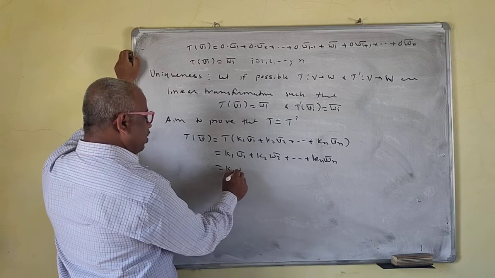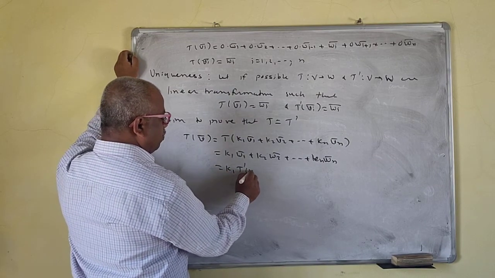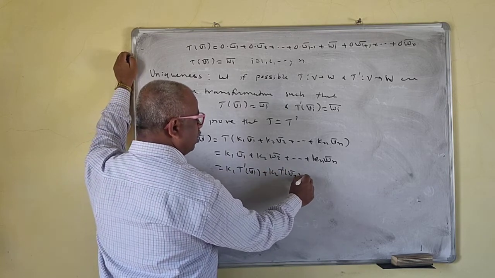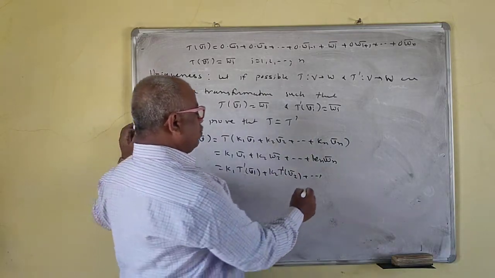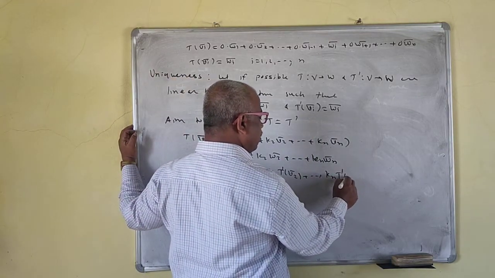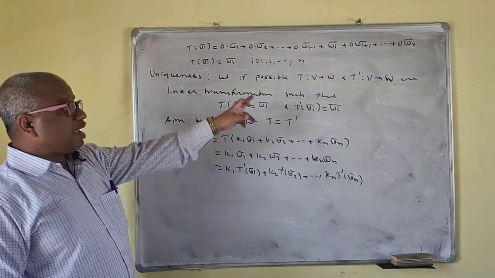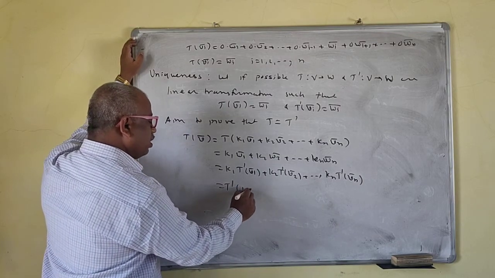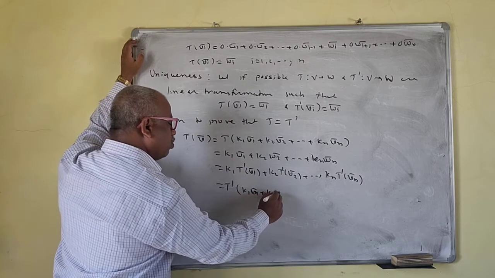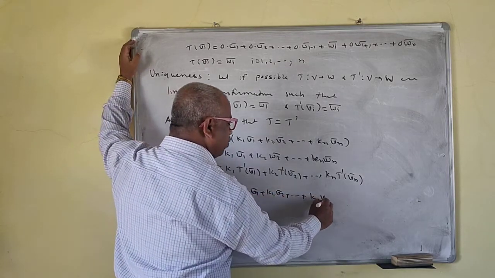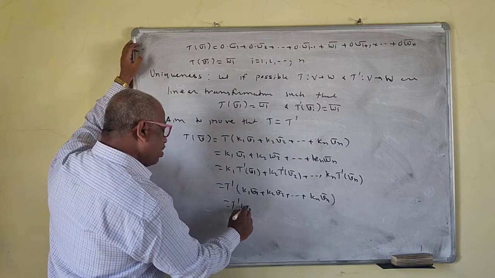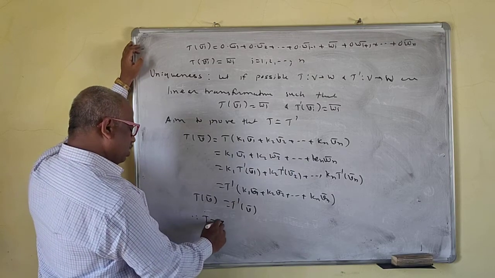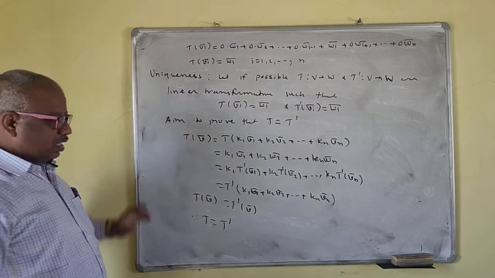Okay, so this is same as k1 T prime v1 bar plus k2 T prime v2 bar plus, because we'll apply this, kn T prime vn bar. Again, T prime is a linear transformation. You can take T prime common and we'll write k1 v1 bar plus k2 v2 bar plus dot dot dot kn vn bar, and this is same as T prime v bar. Okay, T of v bar is same as T prime v bar, so therefore T is equal to T prime. Okay, so hence the theorem is over now.